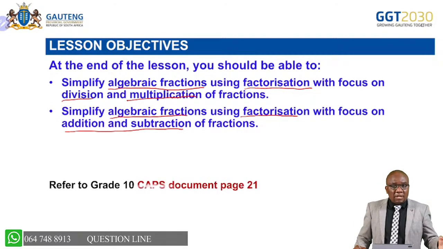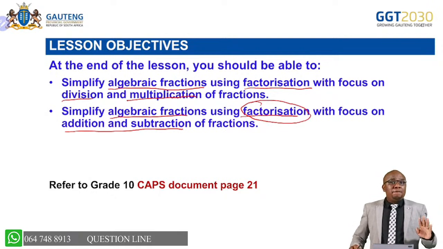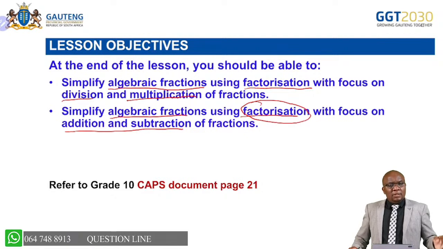We're going to multiply, divide, add, and subtract fractions using, please take note of this, factorization. How many factorizations have we learned? Highest common factor, factorization of the trinomial, difference of two squares, and then difference and sum of two cubes.